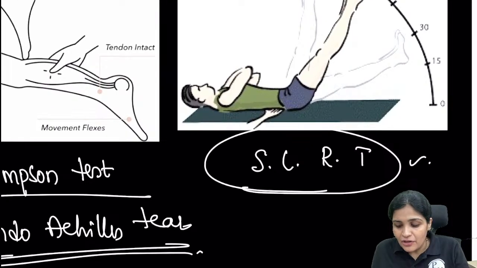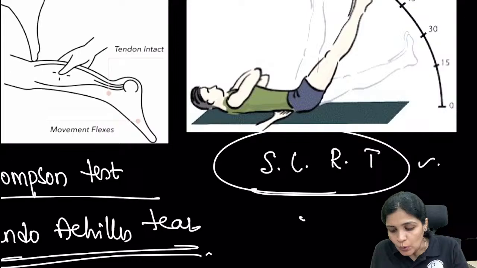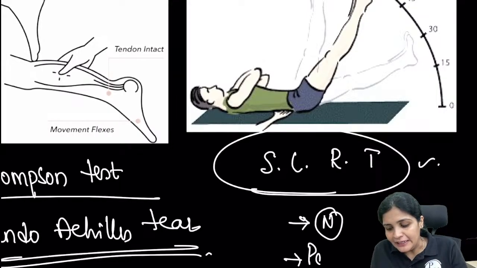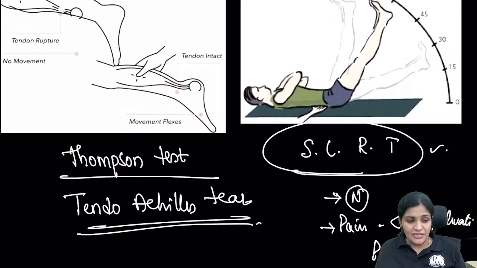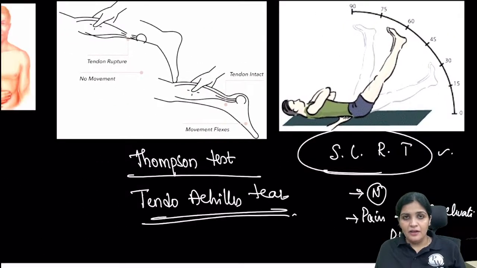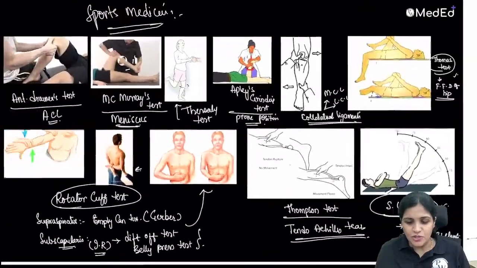Whenever you are able to do it, it is normal. If you have pain at less than 60 degrees of elevation, then this is an indication of a prolapsed intervertebral disc. Yeah, very good, Raj. It is PIVD, SLRT.